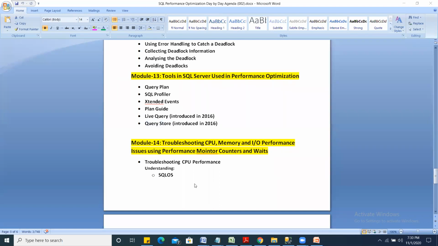So the queries whose performance has degraded, you can see those queries. And then you can start tuning them, or try to find out the reason behind that. That is the first thing. You can get a list or a report of regressed queries.